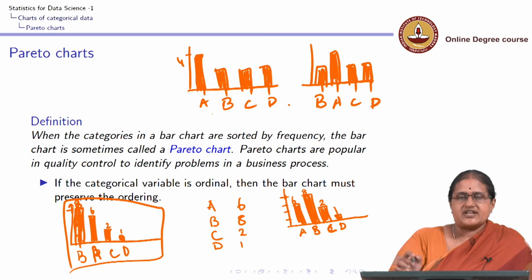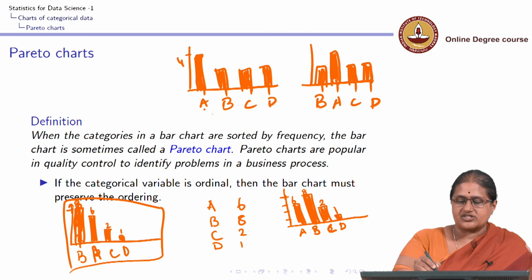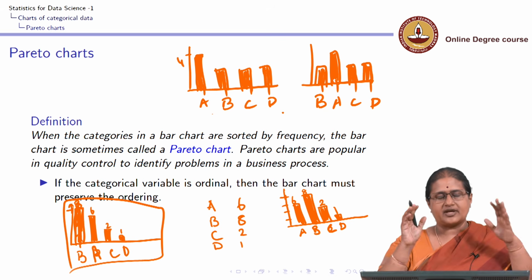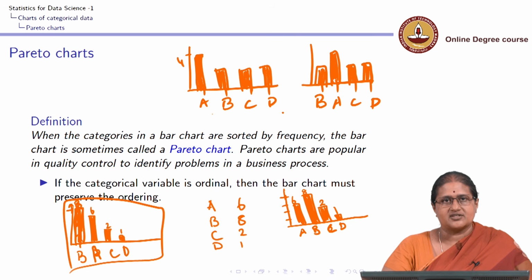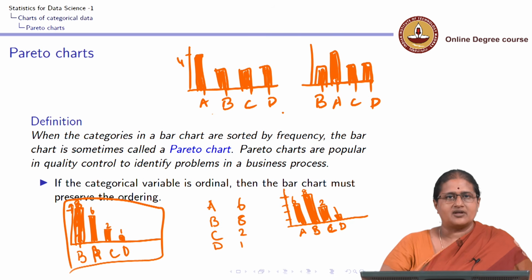Suppose instead of A, B, C, D, I had our regions: the northern region, the southern region, the eastern region and the western region. Broadly classify any particular geographical area into 4 regions. And I am interested in knowing the employment rate, or the number of students who have passed in each region.